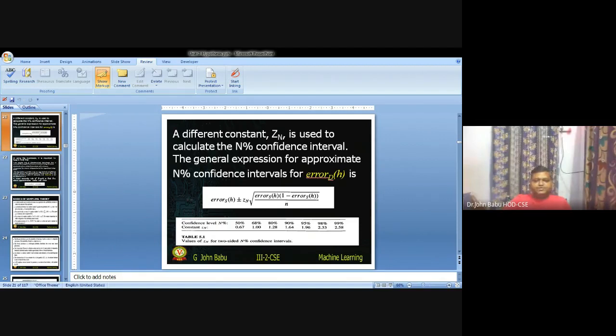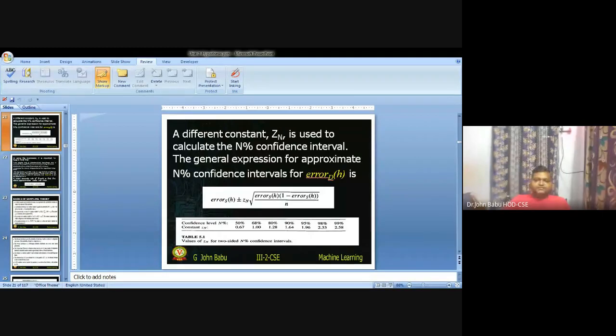So this is the binomial distribution, and mean and variance, and we evaluate sampling error by r by n, and this is the probability.